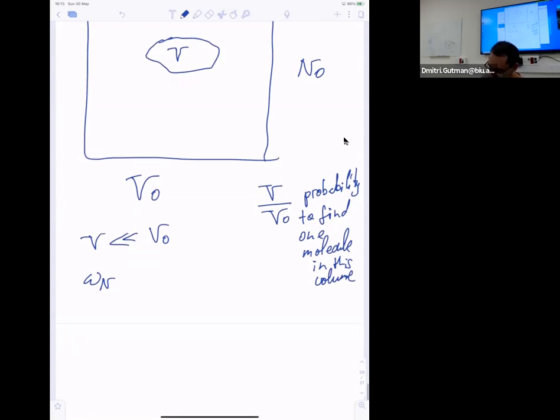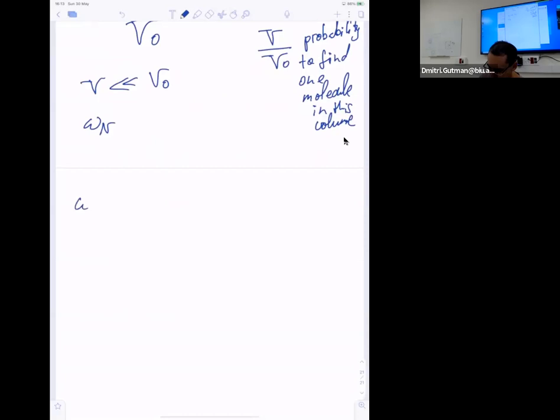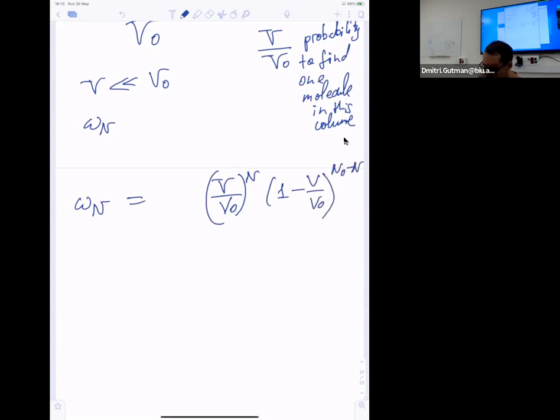So now, what is the probability to find n molecules in there? Well, obviously, this is the probability to find one molecule to the power n times the probability to find other molecules outside of this volume element times the combinatorial factor N0 factorial over n factorial (N0 minus n) factorial.